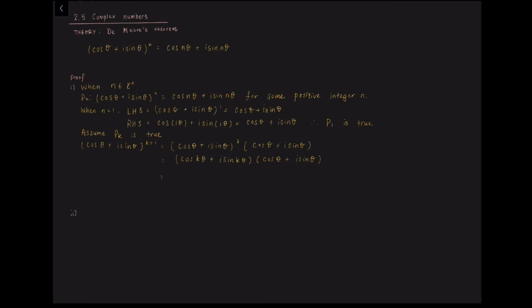We then simplify this into cos k theta times cos theta minus sin k theta times sin theta, plus i times (sin k theta times cos theta plus cos k theta times sin theta).